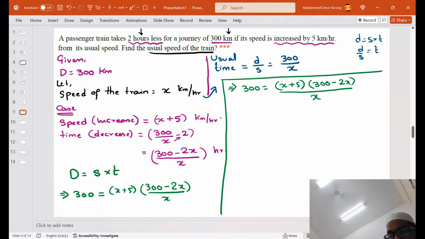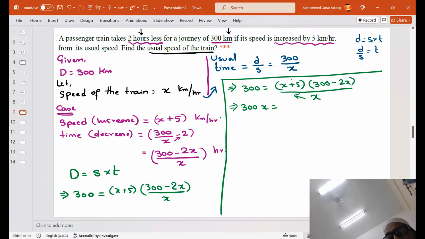Good. Now when I transpose this x, what happens? It is 300x equals x plus 5 into 300 minus 2x.